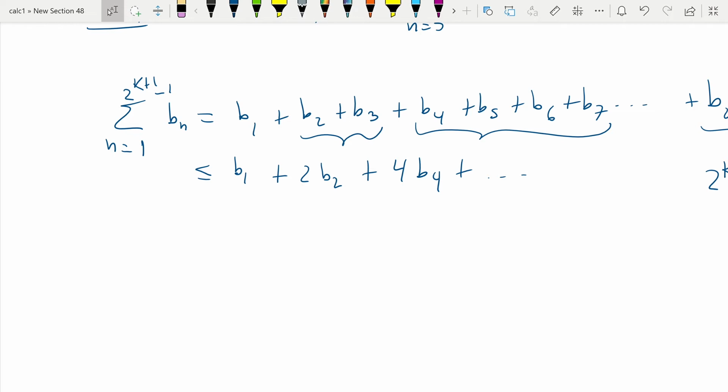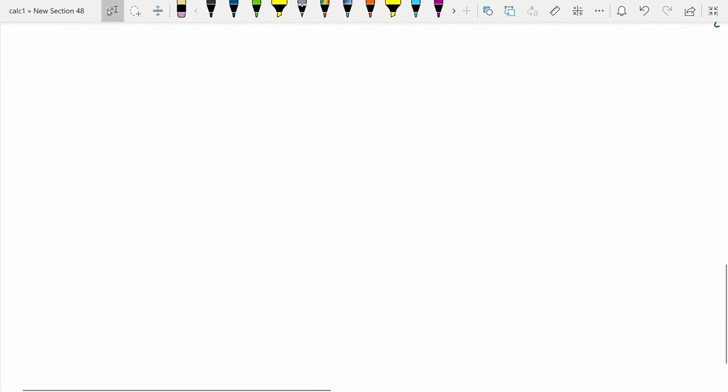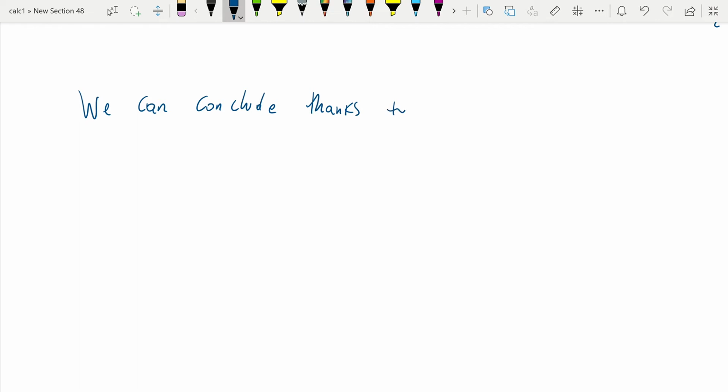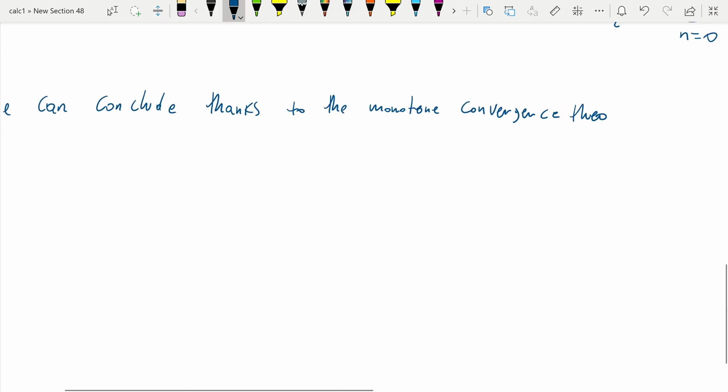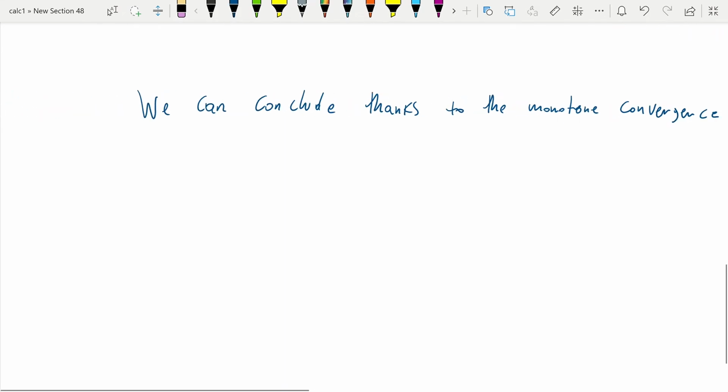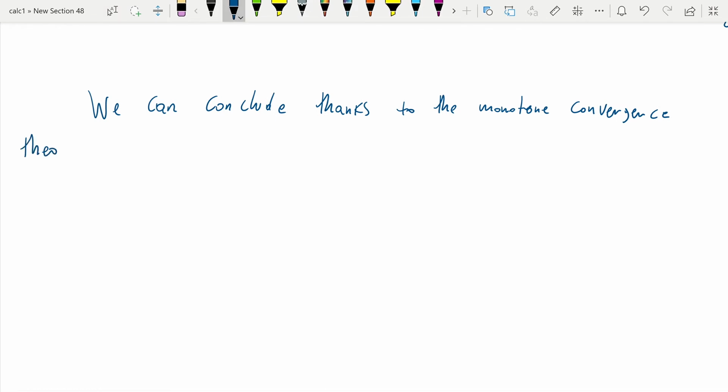Monotone and bounded, we can use the monotone convergence theorem, so we can conclude, thanks to the monotone convergence theorem, that the sum from n equals 1 to infinity of the b_n converges.